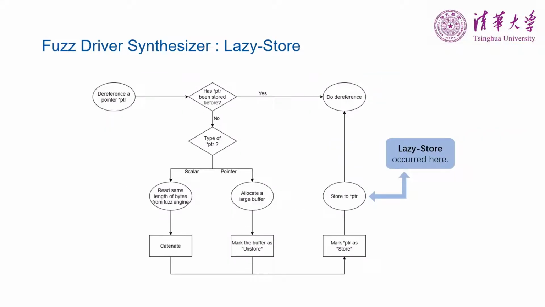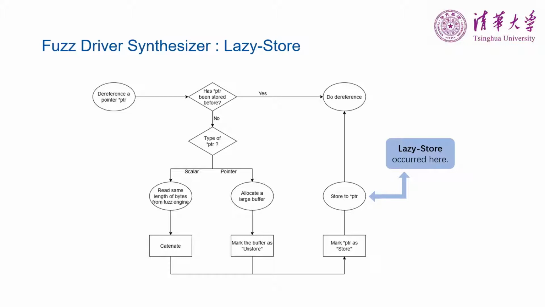To lazy store inside the pointer, IntelliGen first checks if the pointer has been stored before. If the pointer has been stored by the program or by IntelliGen, then nothing happens. Otherwise, IntelliGen checks the type that the pointer points to. If it points to a scalar type, IntelliGen reads the same length of bytes from the fuzz engine and copies them to the address of the pointer.